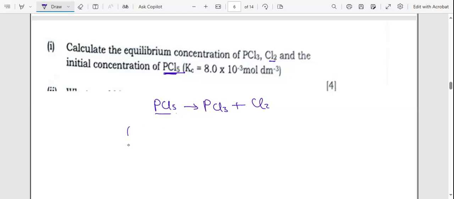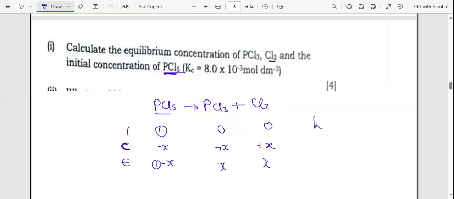Here what we needed is the concentration at least for one of these, such that we use the IC table, whereby we could put the initial concentration, most of these are given 0, then the change, here it's always negative, then here it's always positive. Then we subtract, this will be that concentration minus x, then here you have x, and here you have also x when you add.